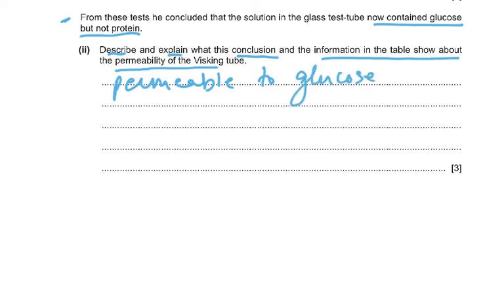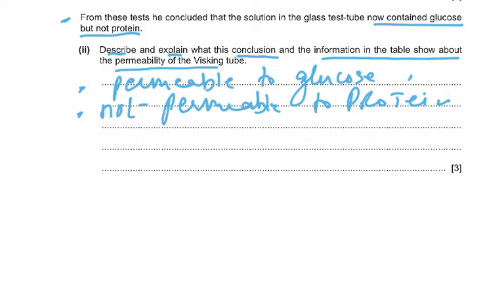The glucose was allowed to diffuse out. So permeable to glucose, but not permeable to protein, which did not move out. So not permeable to protein got you another mark. Glucose got you 1 mark, protein got you another mark, and the fact that this is partially permeable.